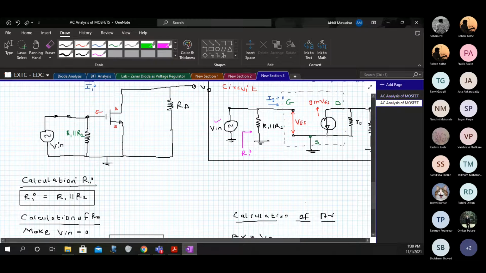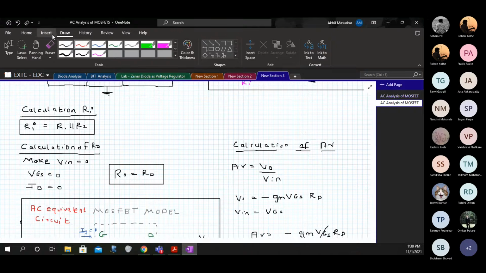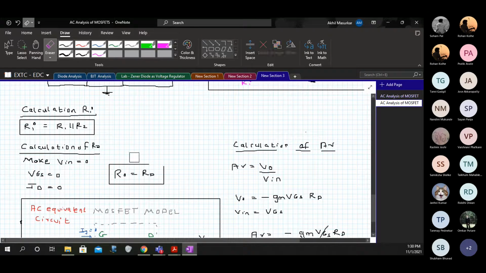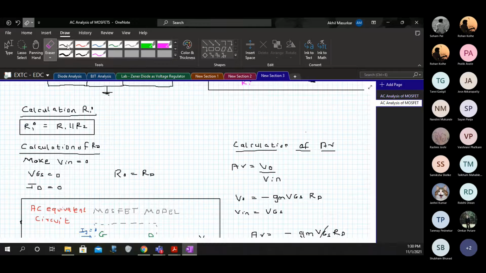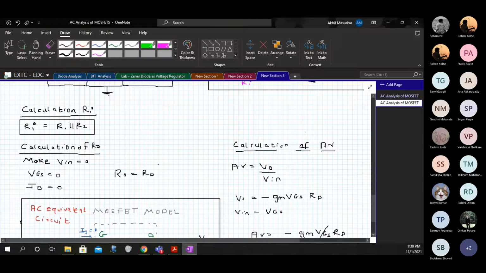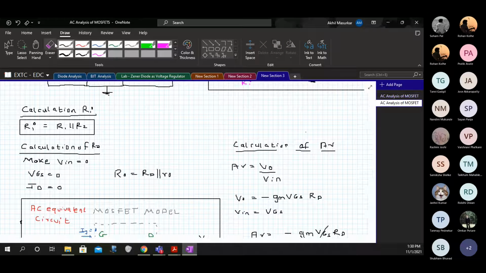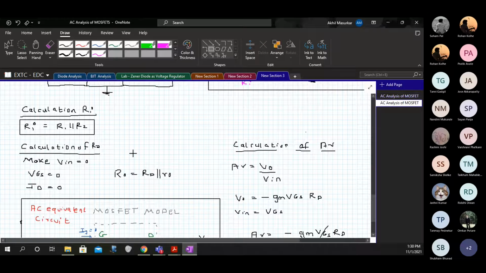So the input resistance remains the same. Only the output resistance is going to become, instead of R0 equal to RD, RD parallel to small r. And as far as voltage gain is concerned, this will be RD parallel with R0.